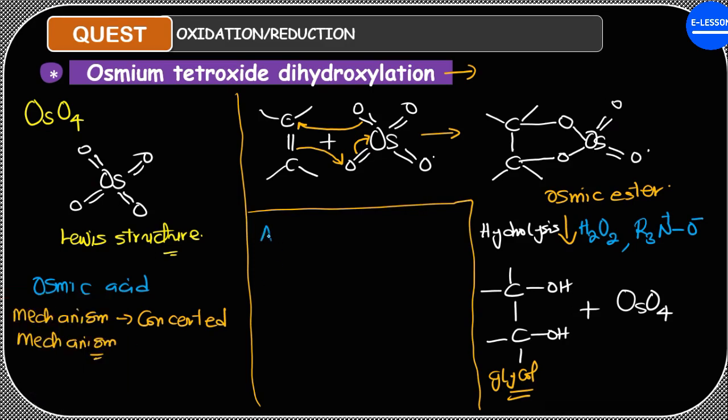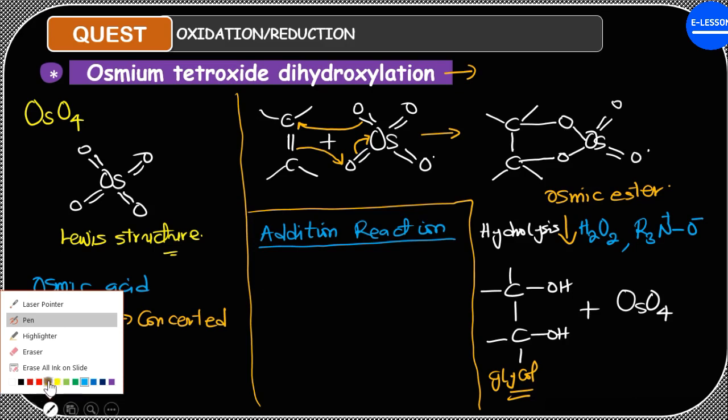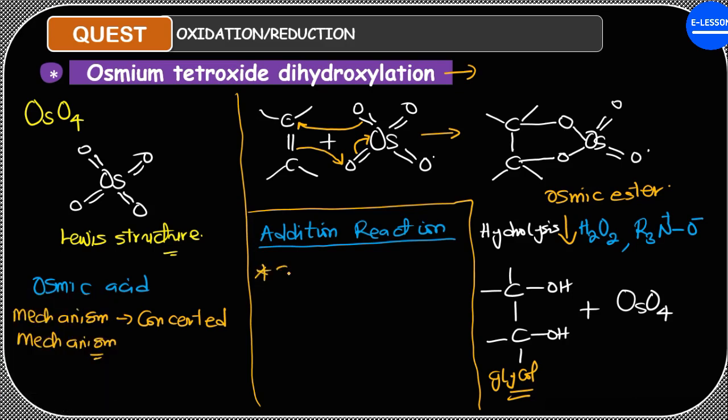Alkenes generally undergo addition reactions. Is that okay? Now, the two types of addition reactions of alkenes are: one, what is called syn addition, and two, what is called anti-addition.